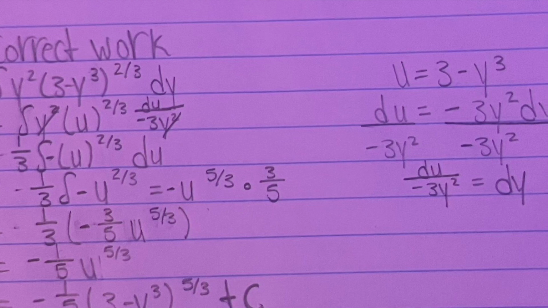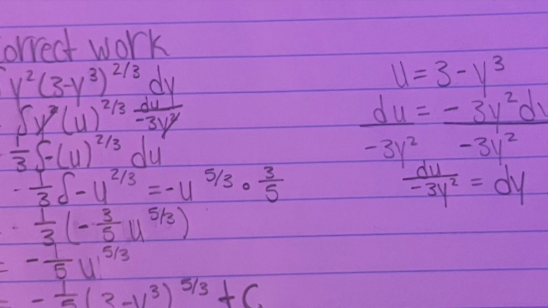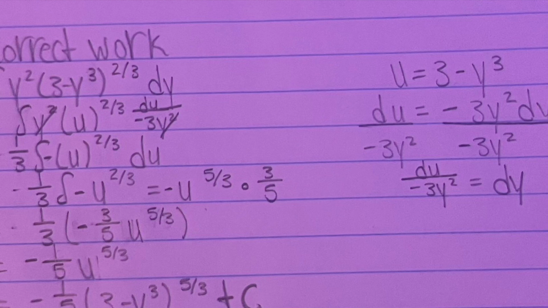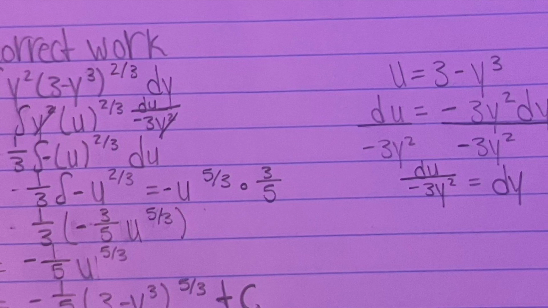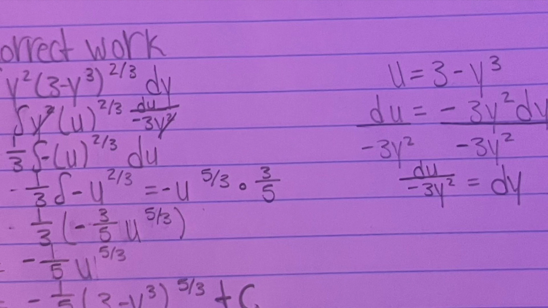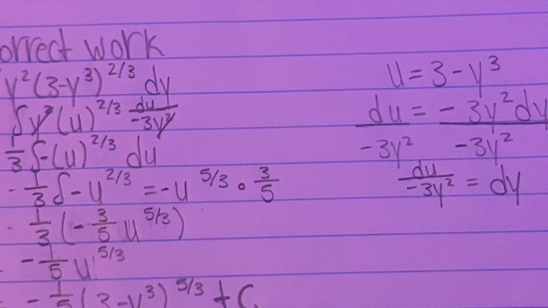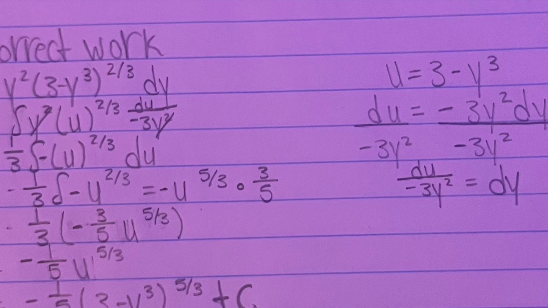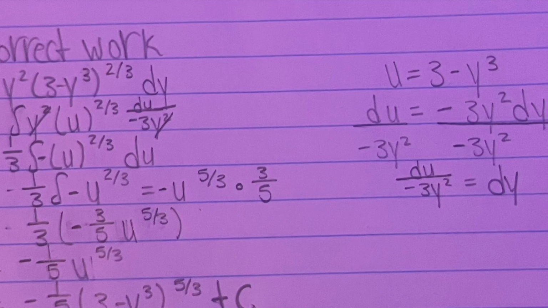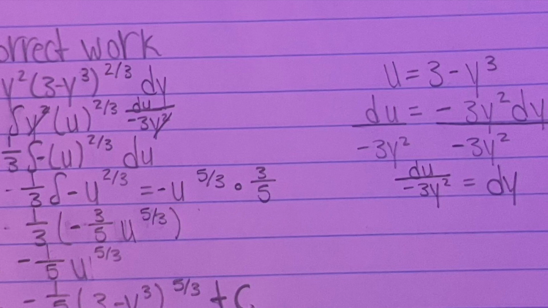After getting the u value and the dy value, you want to plug that into the original function. So wherever there is 3 minus y cubed, you will want to plug in u for that value. And now we will replace dy with du over negative 3y squared.